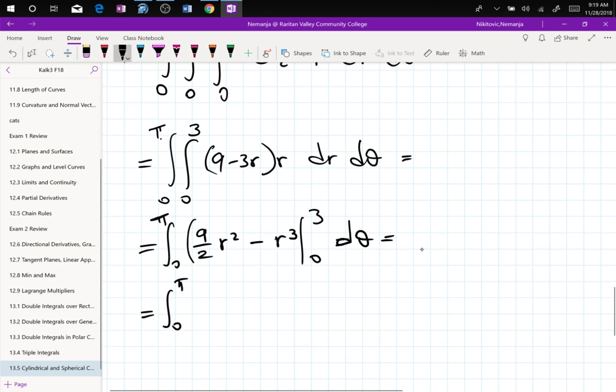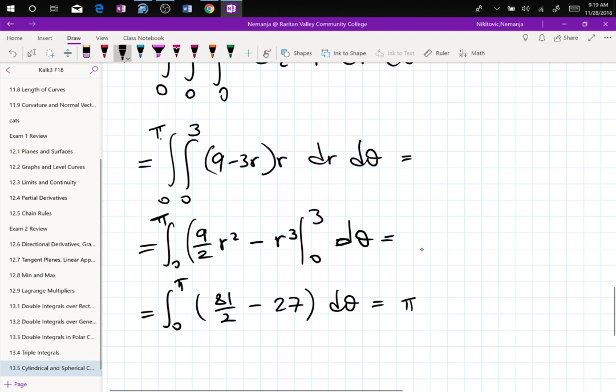Still have d theta, integral 0 to pi. When I plug in 3, that's a 9, that's 81 over 2, minus 3 cubed, 27. Don't worry about zeros. And then d theta. When you integrate d theta, you will add pi to this.